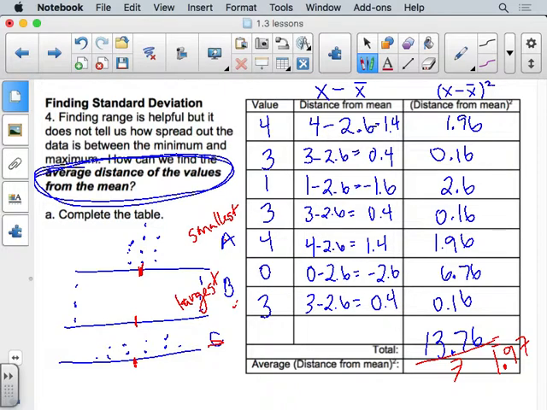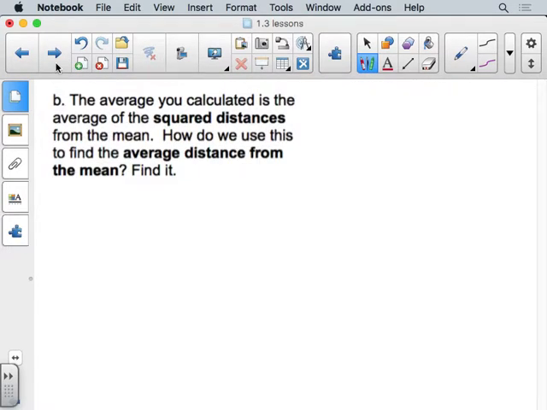So I need to take that 1.97 and square root it. I squared it to get it positive, and now I want to get back into my same units, whatever they were. So we square root 1.97, and get 1.4. Okay.